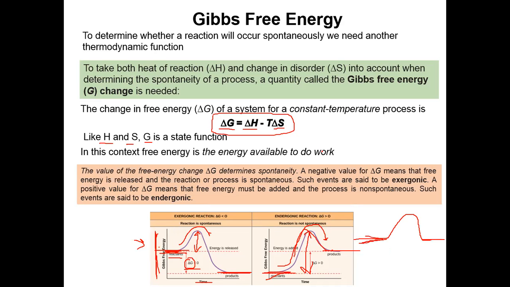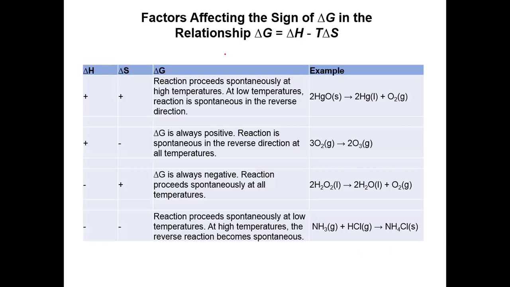But this equation is very important, so let's discuss what it can tell us. If you look at this table, we have this equation here. Delta G is delta H minus T delta S. This table is very convenient to understand whether the system is going to be spontaneous or non-spontaneous, or what the condition is to make it spontaneous, and so on.